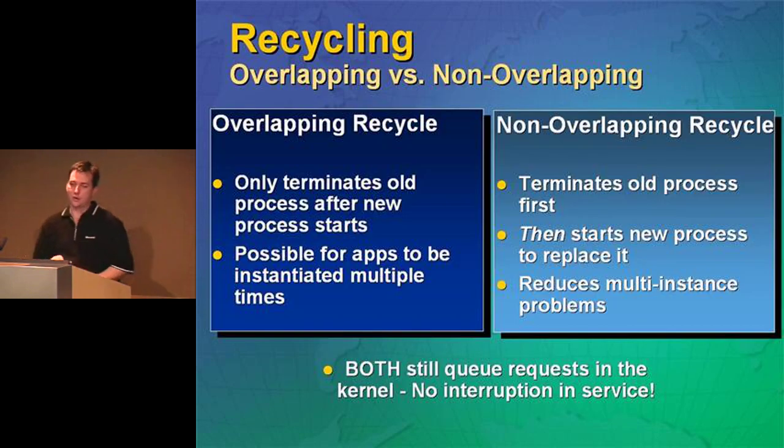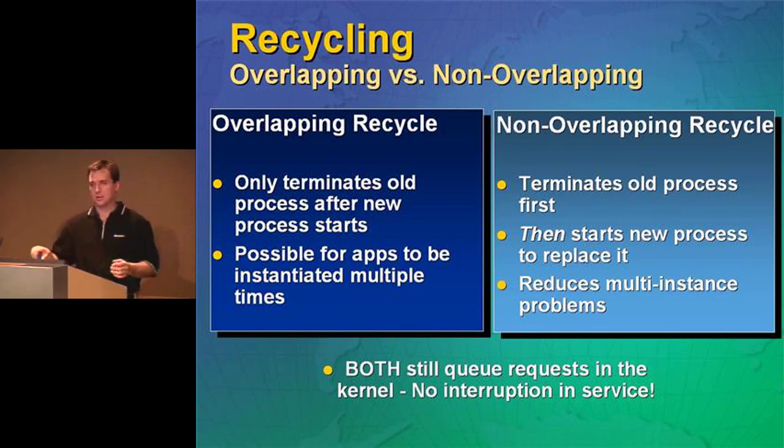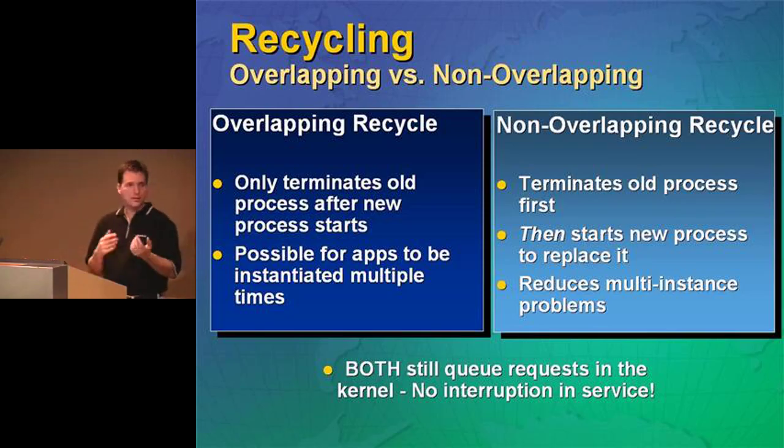So there's two types of recycle event that happen. There's an overlap recycle. What this does is it will only terminate the old process after a new process starts. So it will create a new worker process in place of the other one, then shut it down, and for a brief period of time they'll be running simultaneously.